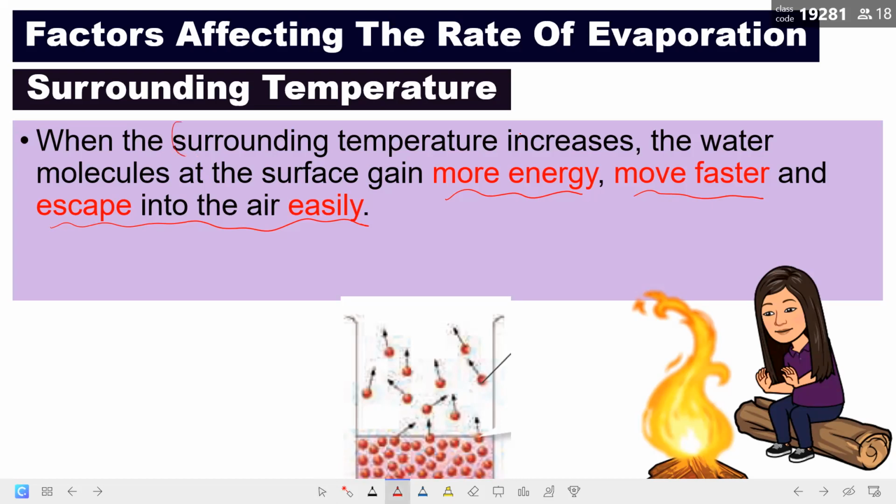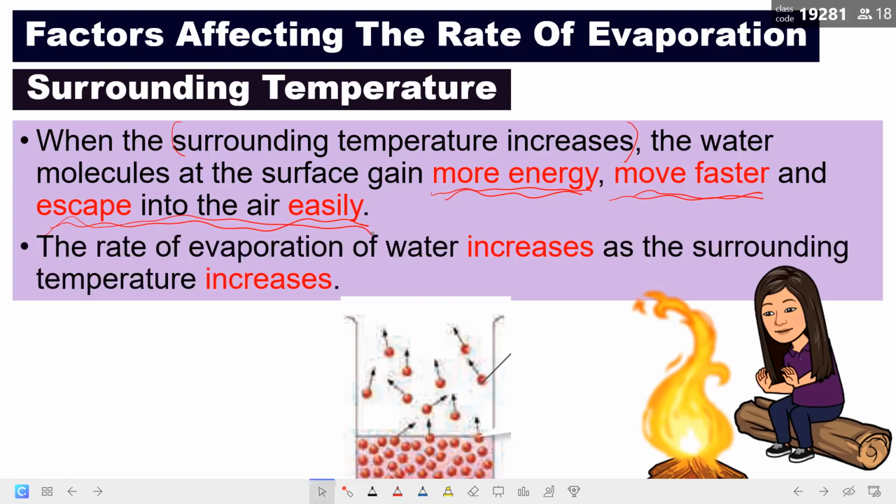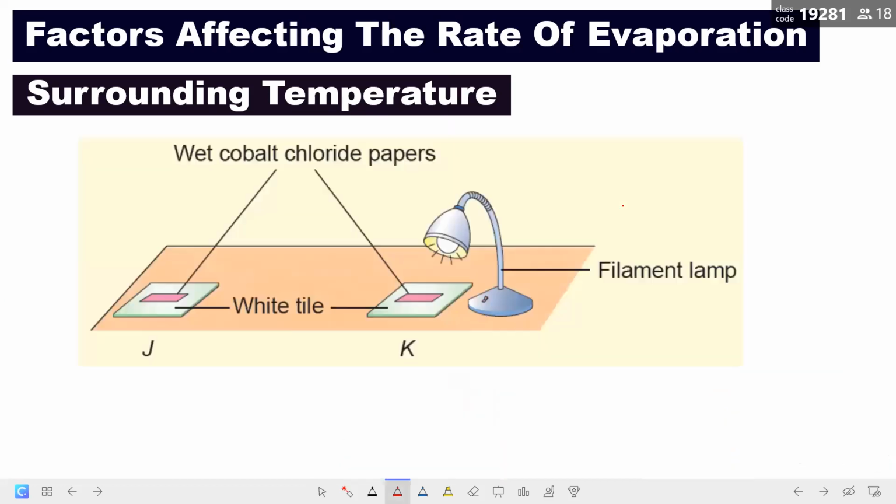So when the surrounding temperature increases, normally you gain more energy, you'll move faster, and you will escape into the air easily. So when my temperature increases, my rate of evaporation also increases. The experiment is this.